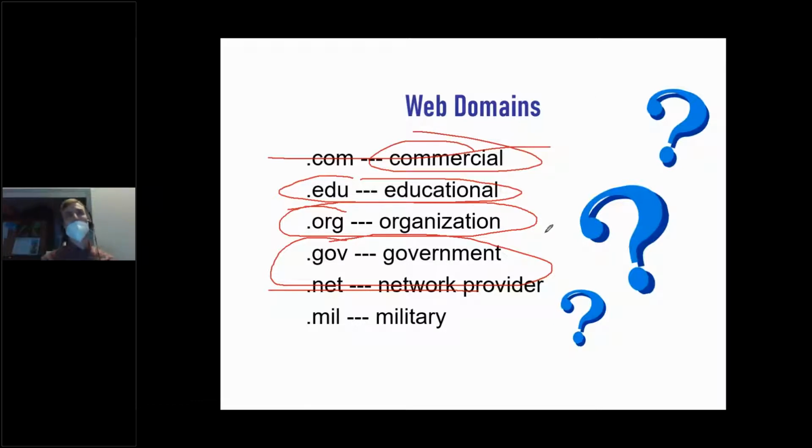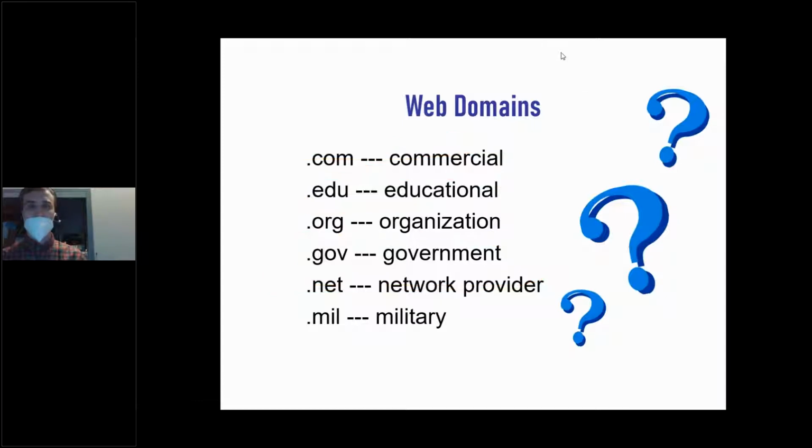But .edus, .govs are generally impartial, and not only are they impartial, but the information they have is authoritative because it's written and hosted by experts in the fields. Again, that's when we're looking for reliable, up-to-date information, especially something like health information. You want to stick to .edus, .govs, and in some cases, like I said, there are several good .orgs out there as well.